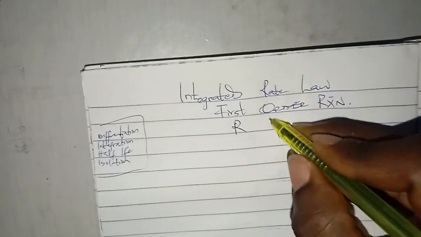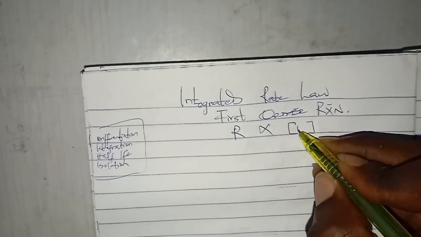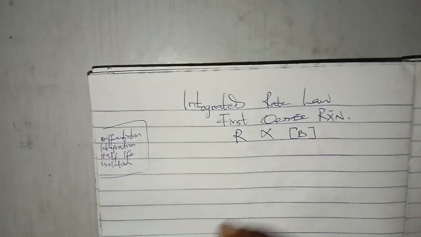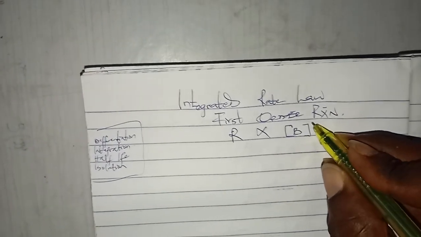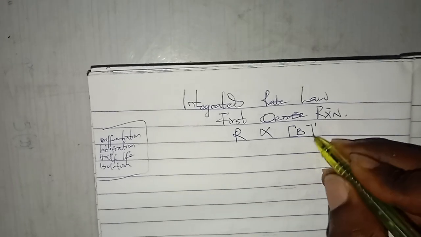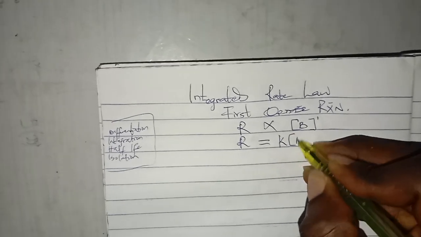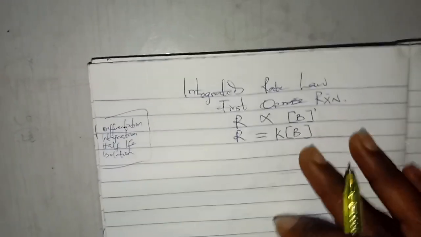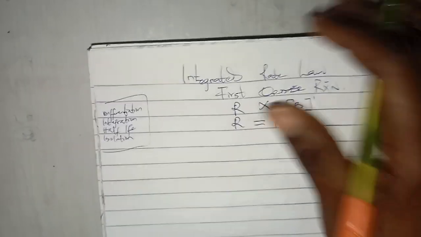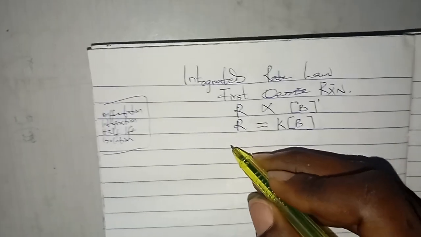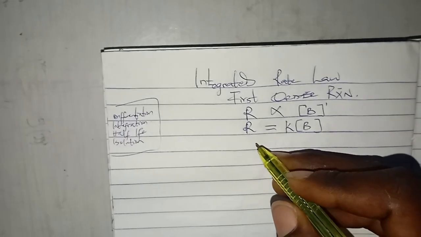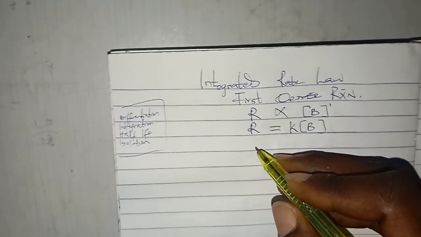Remember that rate is directly proportional to concentration. This is the concentration box. Let's say this substance, the reactant or the product, is B, and we are talking about first order. First order is when the power is 1, and anything on its own is raised to power 1. So introducing the proportionality constant, I have K multiplying the concentration of B. I also need to remember that rate of reaction is defined as the change in concentration of reactant or product with time.